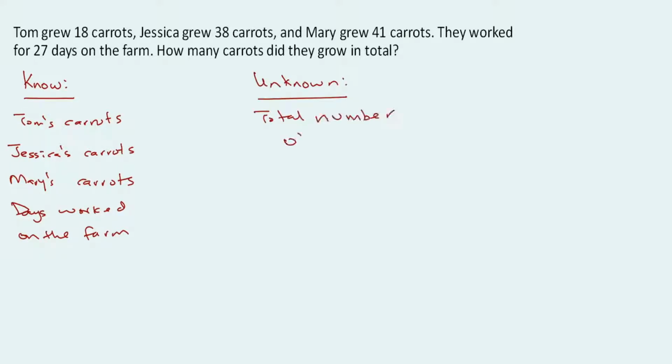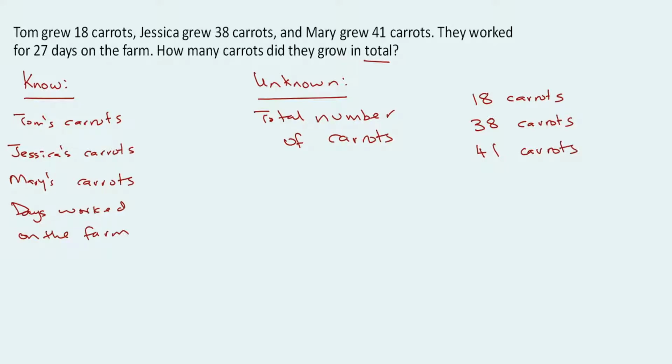The total number of carrots. So now what we need to figure out is what keyword leads us to an addition or to a mathematical operation. Here it says, how many did they grow in total? So we're going to add these numbers together. So we have 18 carrots, 38 carrots, and 41 carrots.